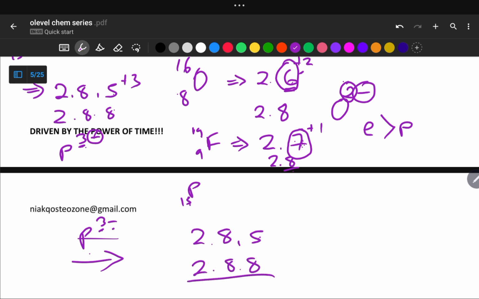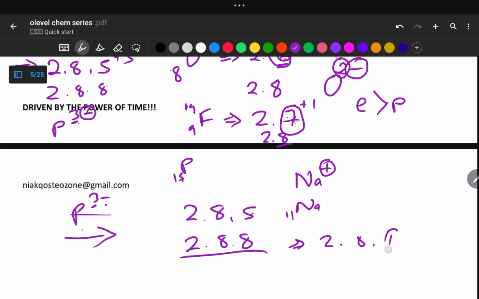And then you can be given this one for sodium, 1 plus. So first you need to write that one for sodium. So it's 2, 8, 1. And then we have this 1 plus, which indicates that we are going to lose this one outer electron. So for us, you have 2, 8. So this is how you deduce the electronic configurations of these ions, right?